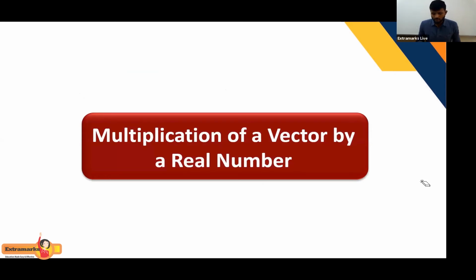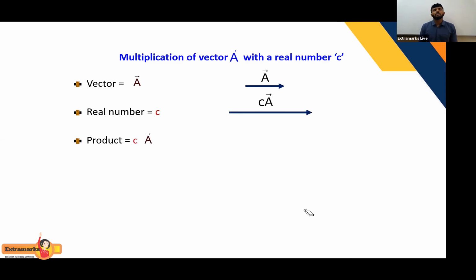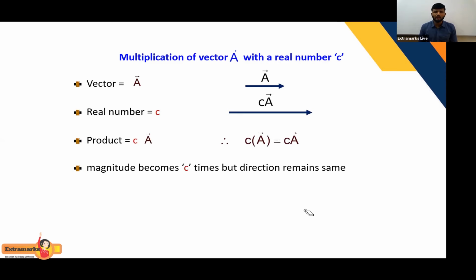Now, if we are multiplying a vector by a real number, you can say any number, let's say 1, 2, 5, 6, 10, 20, all numbers are real numbers. If I multiply 5 by 2, you'll get 10. The magnitude is changing, right? That's what happens when we multiply any real number with a vector quantity.